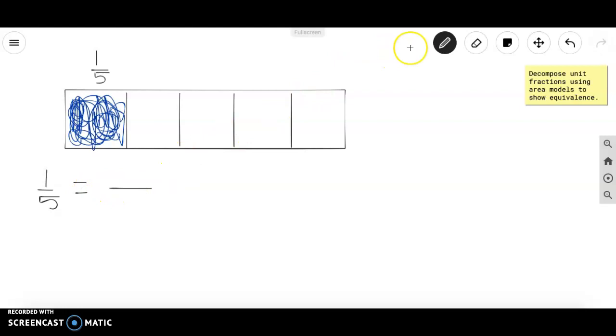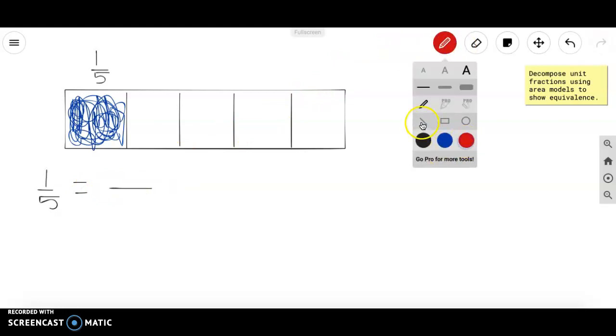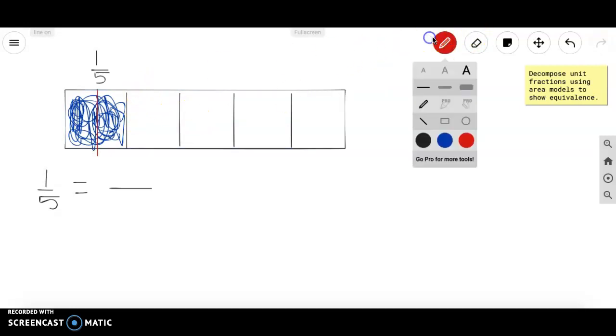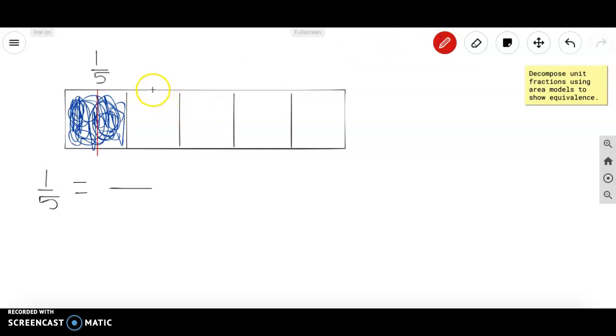A very easy way to do this is to partition these again once more. So I'm going to cut all these pieces here. Make sure I have a straight line on. Good. I'm going to partition these again, all in half.